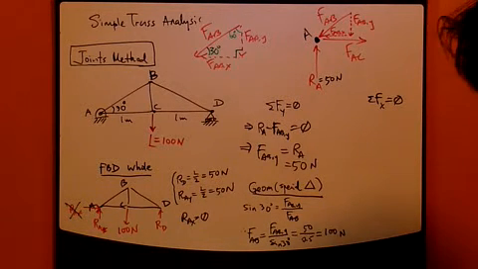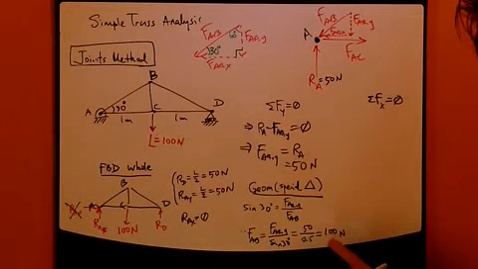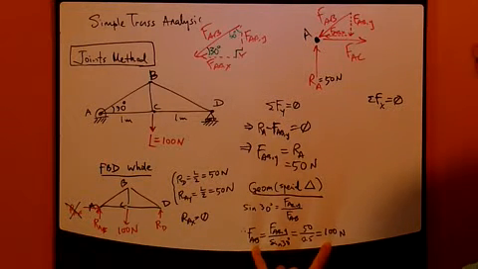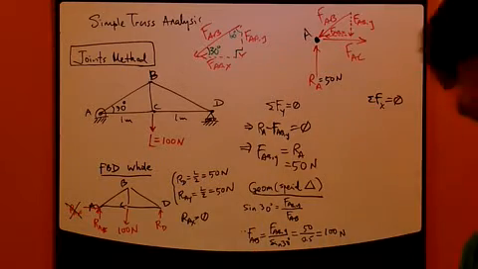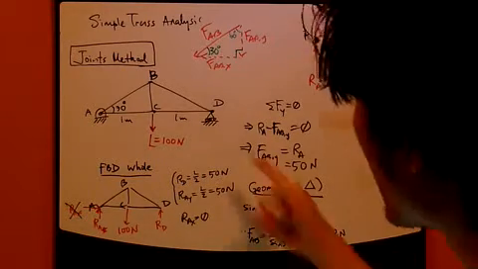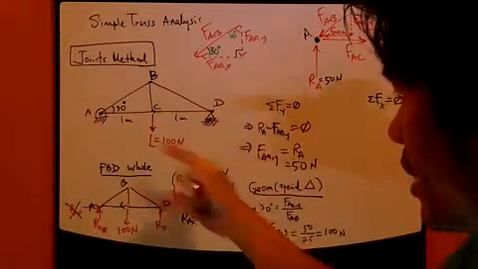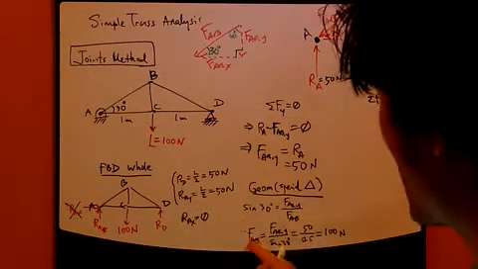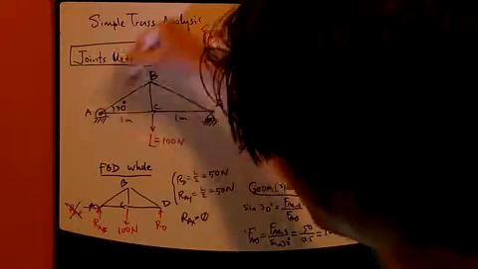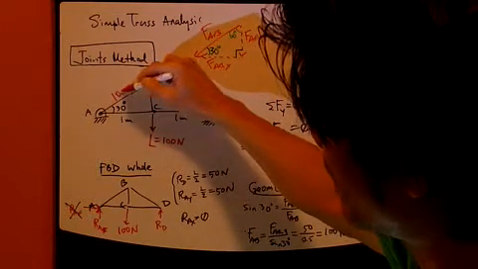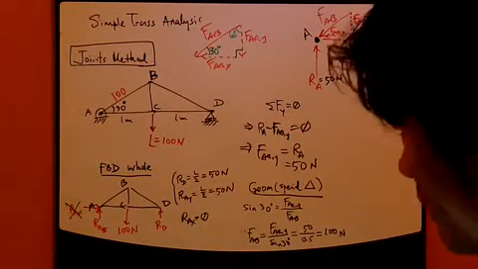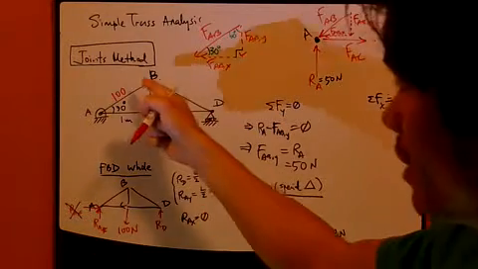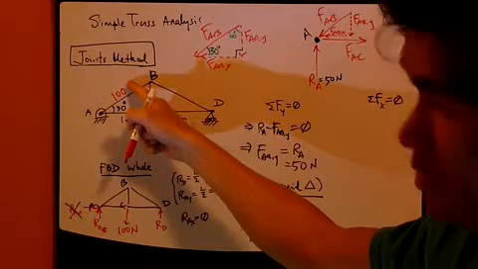So, we solve for one of the unknowns. FAB equals 100 newtons. As soon as you've calculated an unknown, I want you to come back to the original drawing and write down the answer. FAB is 100. So, on this member AB, write down 100 Newton, and also indicate whether it's a compression or tension force.